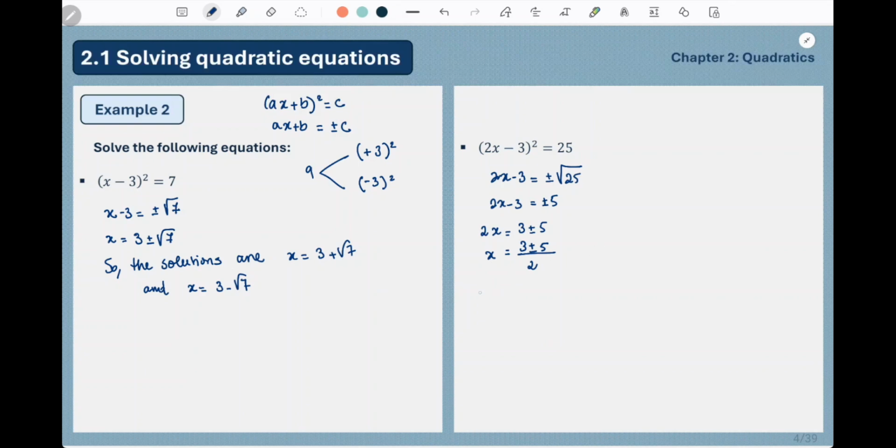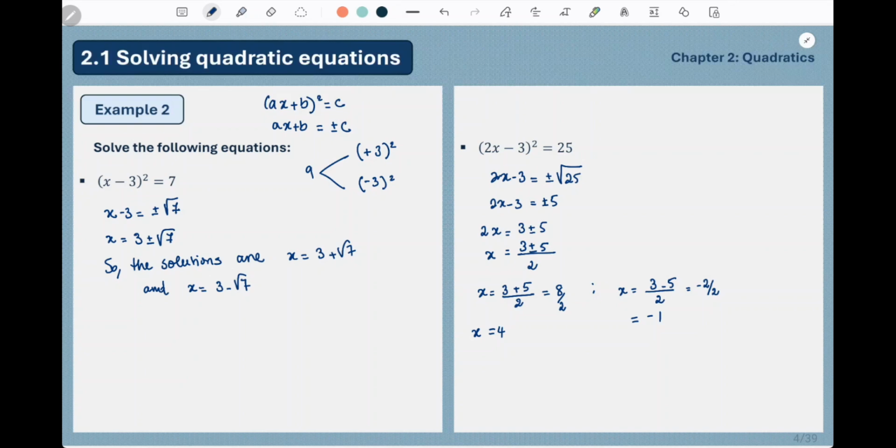So in the case it's 3 plus 5 over 2, it gives you 8 over 2, which is 4, and for this one, 3 minus 5 is minus 2 over 2, which is minus 1.